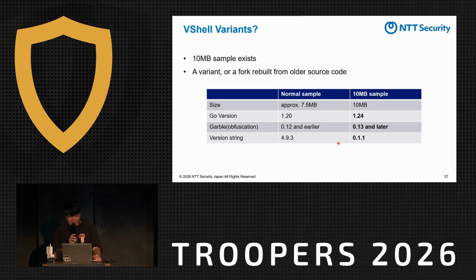Furthermore, the version string differs significantly. The typical sample uses 4.9.3, which is the last version of VShell that was developed, whereas the 10 megabyte sample shows 0.1.1. These differences suggest that this is not merely a build variation, but rather a separate variant or fork rebuilt from the older source code, maybe.